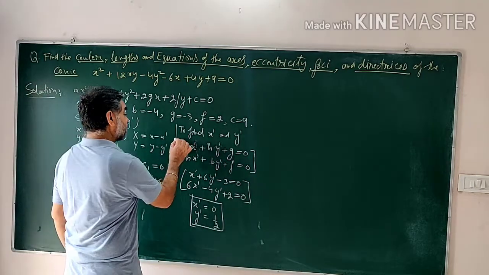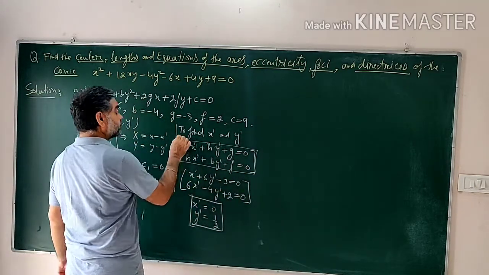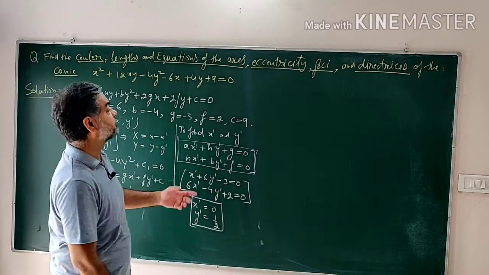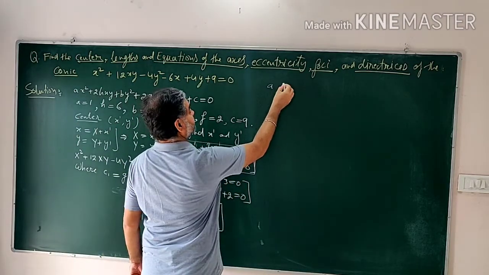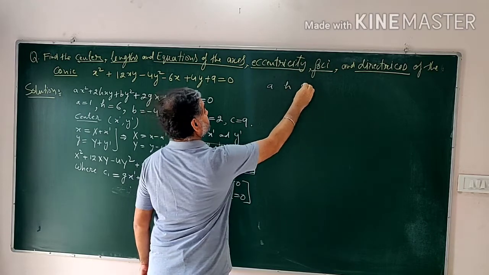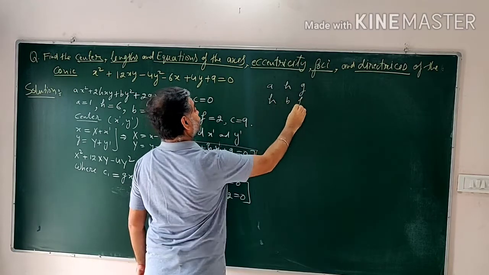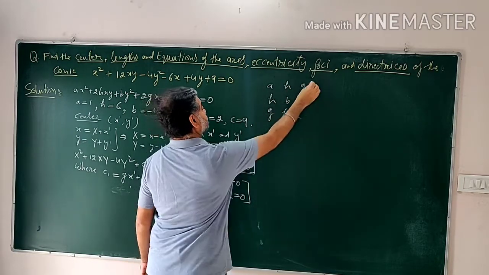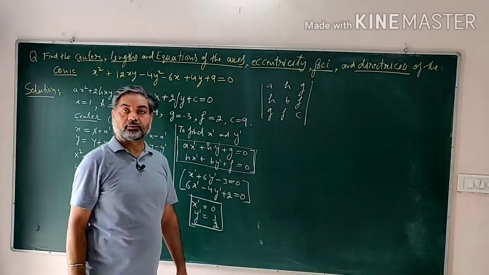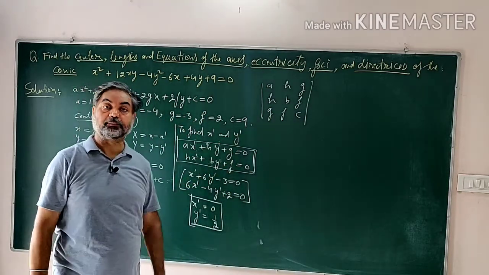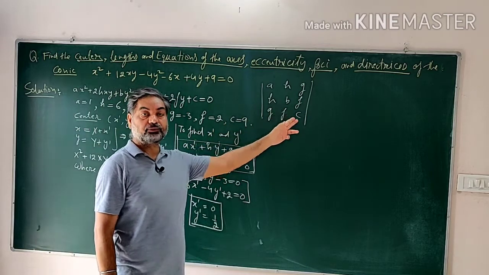So to find the center, we solve these two equations. How to write these two equations? You always remember this determinant: AHG, HBF, GFC.